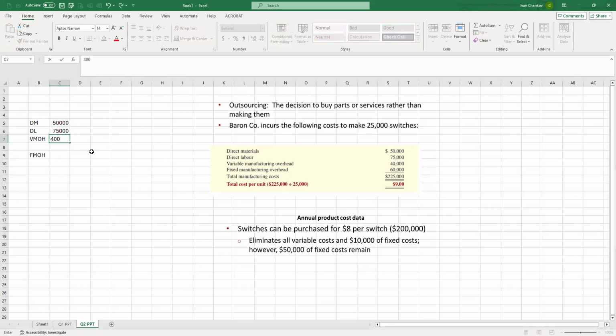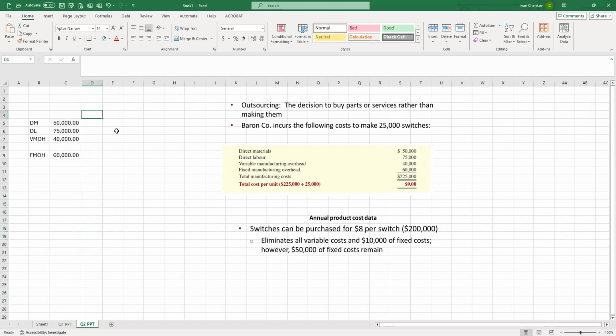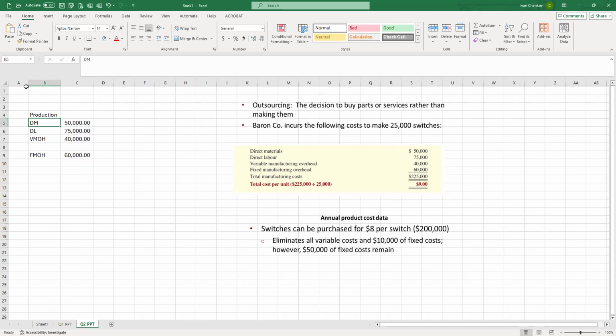Variable manufacturing 40,000. And the fixed manufacturing is 60,000. Now, how many units am I producing? What's my current production? Can you guys see my screen? Yes. 25,000 switches I'm producing right now.